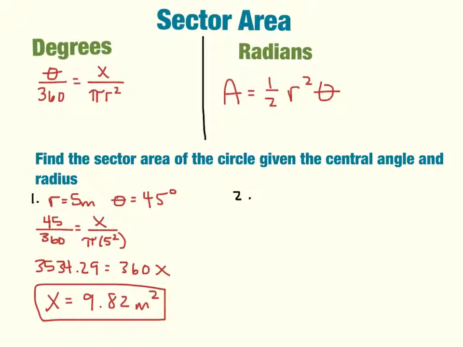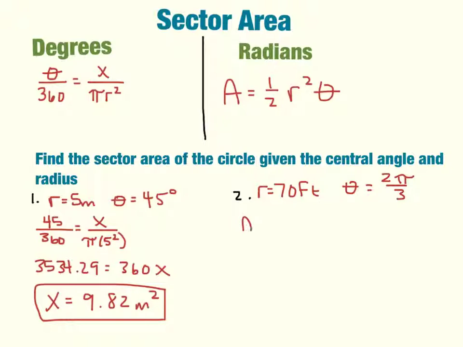Alright, for our last example, let's say we were given a radius of 70 feet and in radians the theta was 2 pi over 3 radians. Okay, so my central angle is 2 pi over 3 radians with a radius of 70 feet.